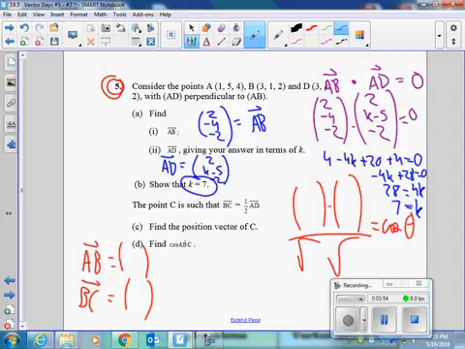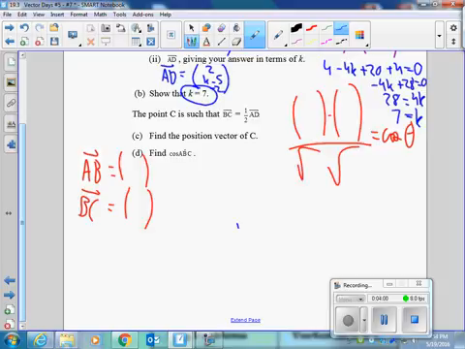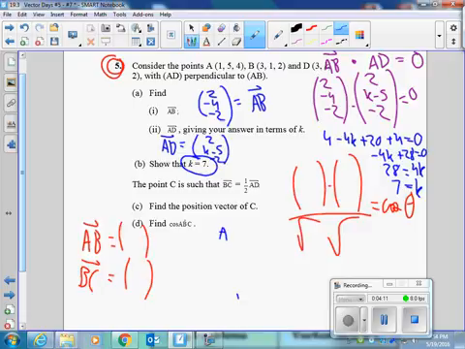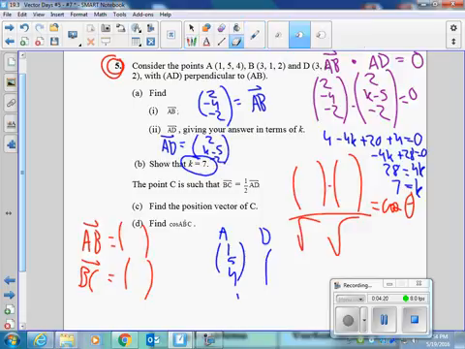That wasn't the part you had trouble with, right? The part you had trouble with was this part C. So for part C, find the point C such that BC is equal to 1/2 AD. So here's what I would do. I would list point A, and I'd list point D. A is 1, 5, 4. D is 3, 7, and 2.